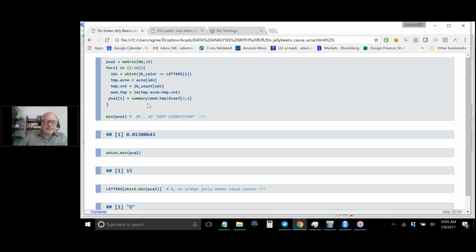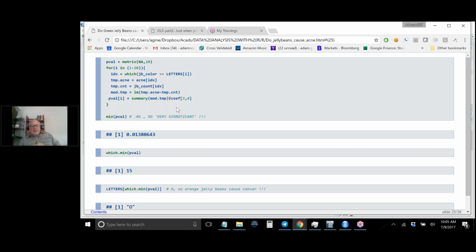And so now when I run this code, I will get 20 different p-values, and I see the minimum p-value is 0.01. So for whatever value that is, the p-value is 0.01, that's under the 5%.